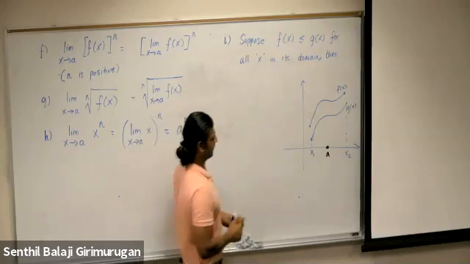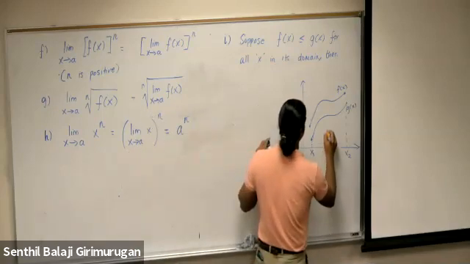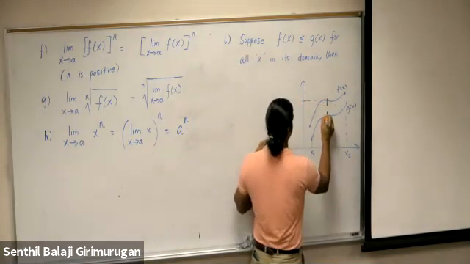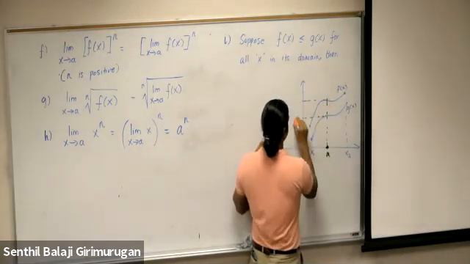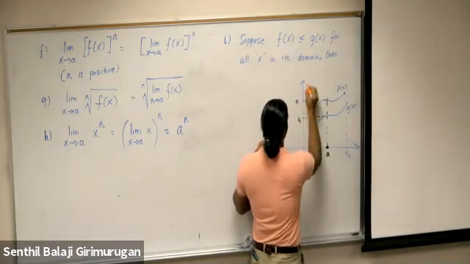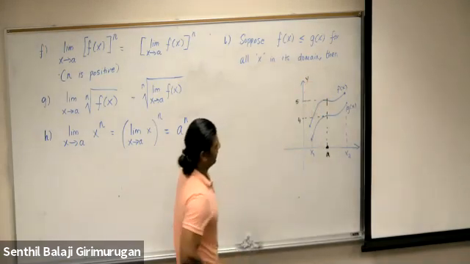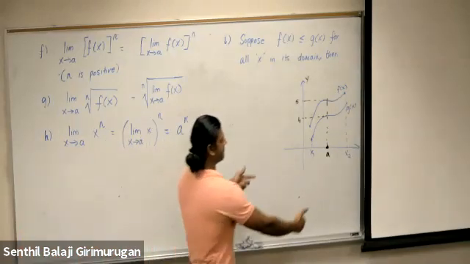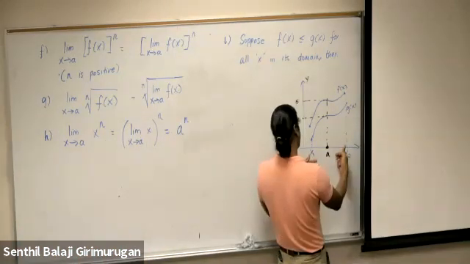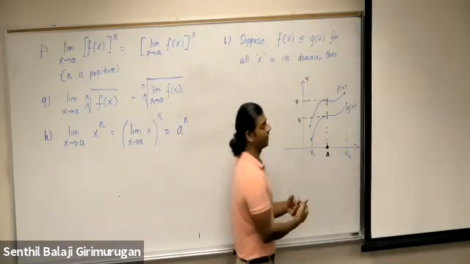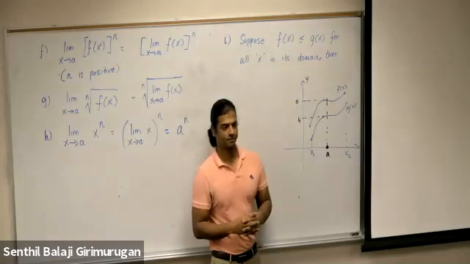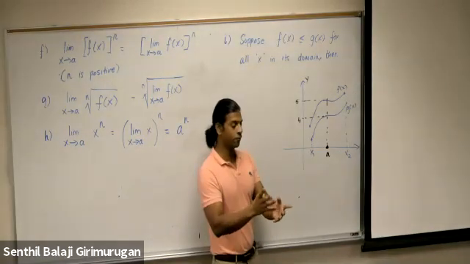As we approach A, I'll give them numbers so that you can understand better. As I approach A from the left, from the right, what is the limit of the function g of x? 4.